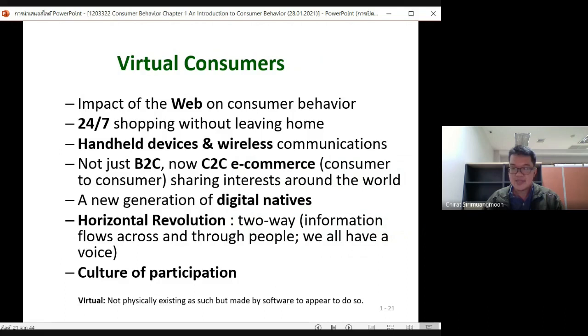Then, for now, we are in the culture of participation. So you can't hide something bad because we can share everything online. So make sure that you realize we're going to have this situation too.